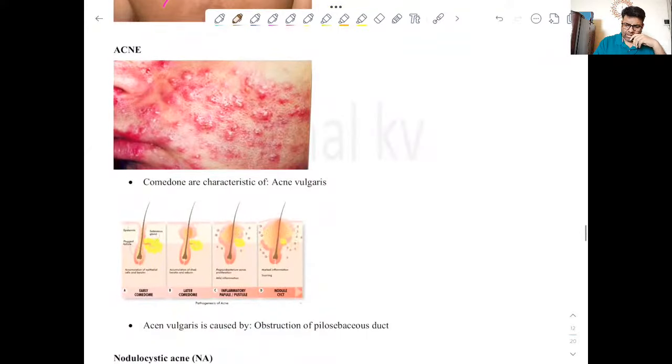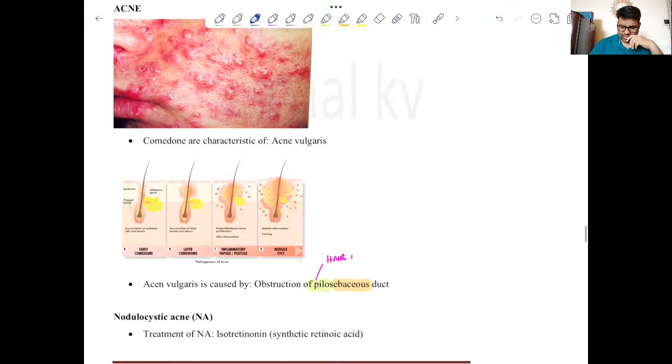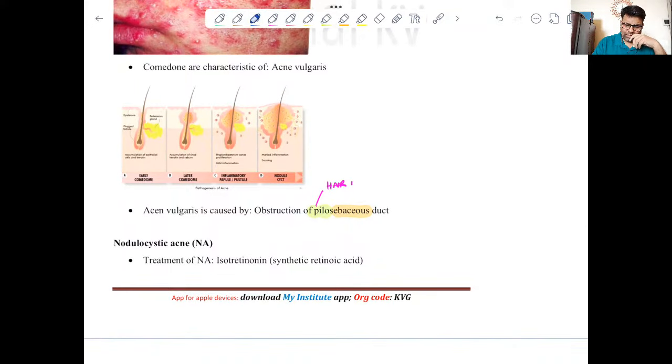Now moving forward to acne, which is because of obstruction of pilosebaceous ducts. So pilo is actually hair, and sebaceous is sebaceous gland. Suppose if this is the hair follicle, right?